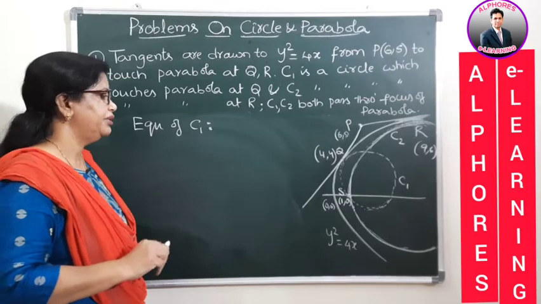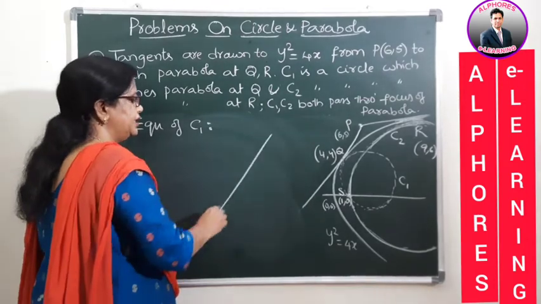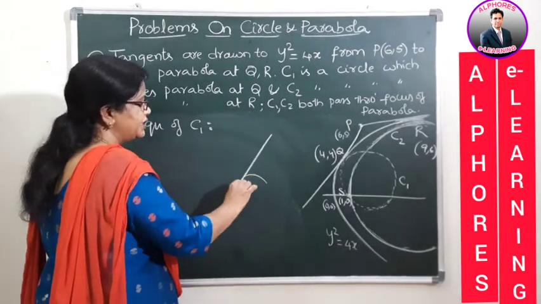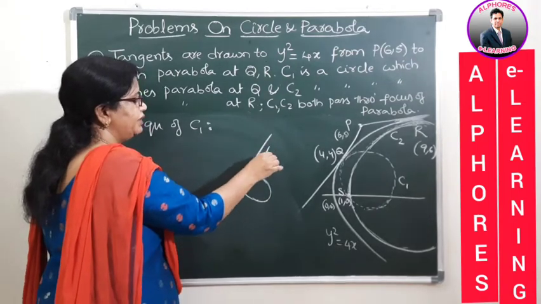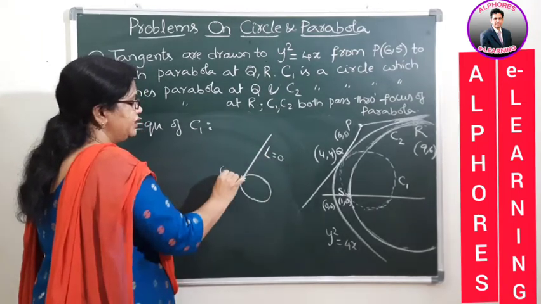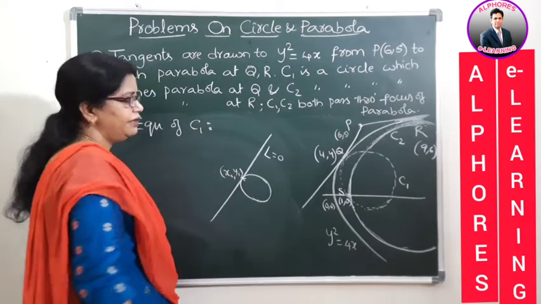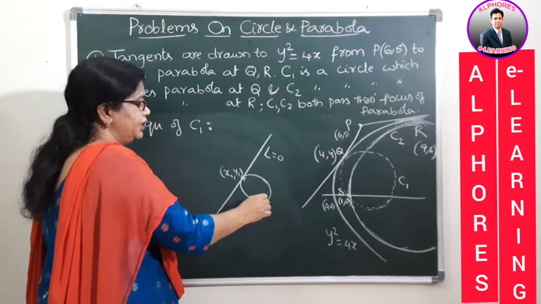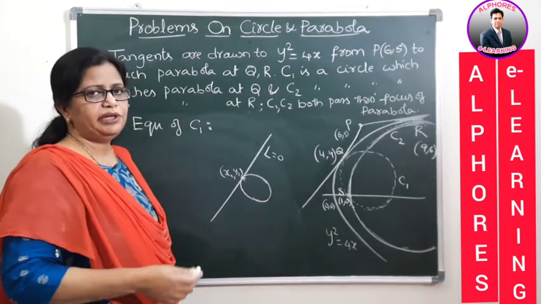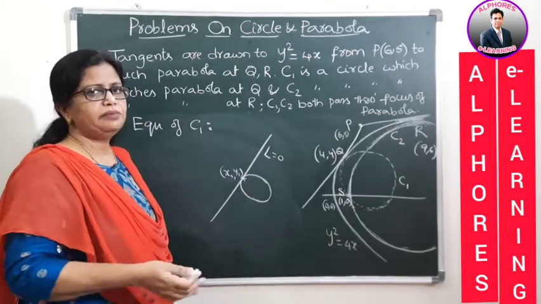If any circle is touching a line exactly at a point, where the line is given as L equal to 0 and the point is x1 comma y1, they may give certain conditions that this circle is passing through some point or has some radius, etc.